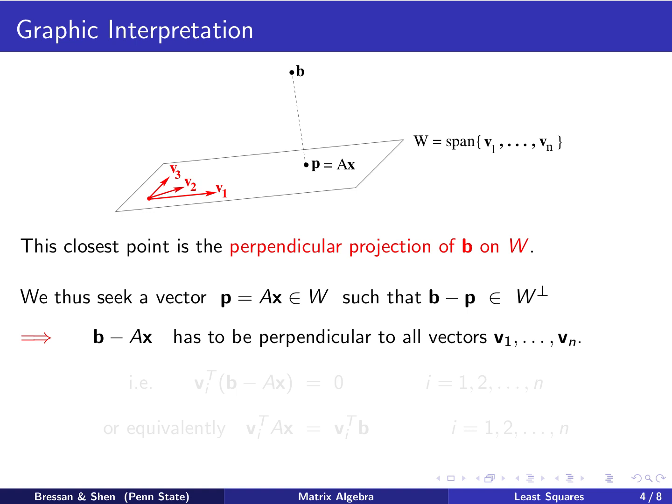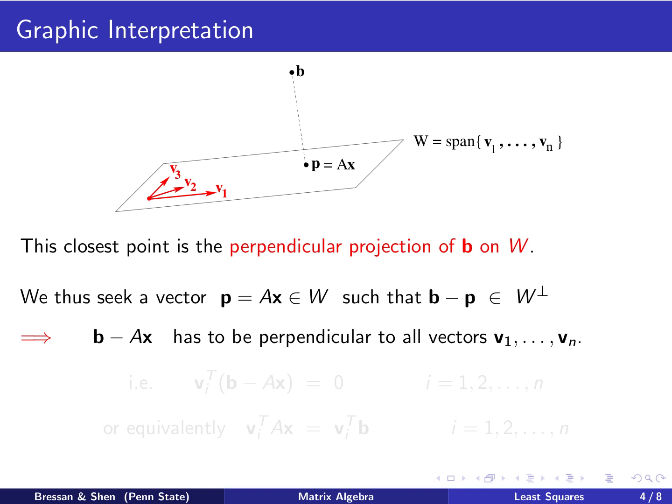So we are seeking a vector P, which is A times x, which lies in the space W, such that b minus P is in the perpendicular space W perp.